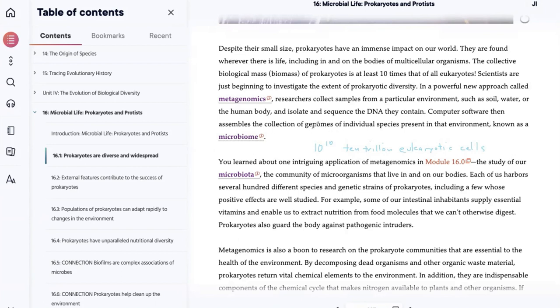The number of bacterial cells in and on you, well, it's 10 to the 11th, right? So 100 trillion bacteria. So you take into account all the bacteria that are living in your gut, feeding on the things that are passing through the gut. Think of all the bacteria that are living inside of your orifices and on your skin.